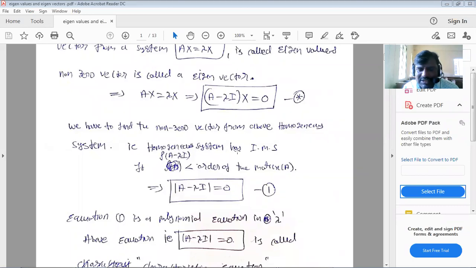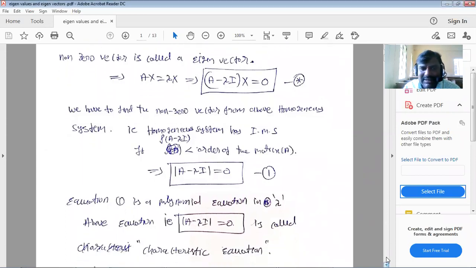When you have infinitely many solutions for the homogeneous system, the rank of the matrix A minus lambda I is less than the order of the matrix, that is, the number of unknowns. We can say that the given system is linear dependent and has infinitely many solutions.